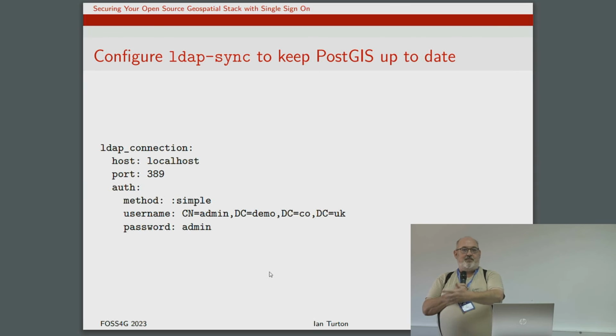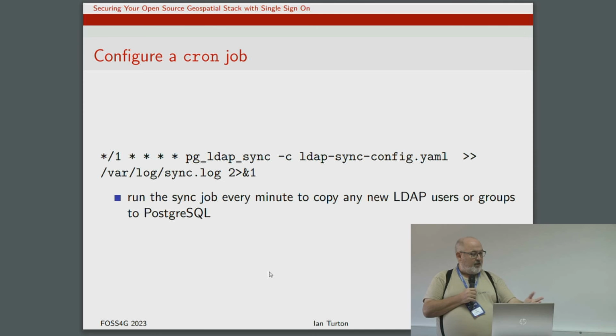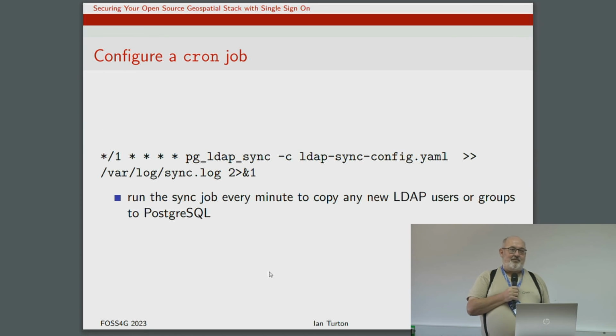Any that are in this list but not there, delete them. So you specify how to do groups and users. As I say, whack it into a cron job. We were worried there might be a risk of people getting their username and trying to log into PostGIS inside that first minute, but it turns out that setting your password is actually sufficiently complex that nobody's managed to do it in less than a minute and get to PostGIS.